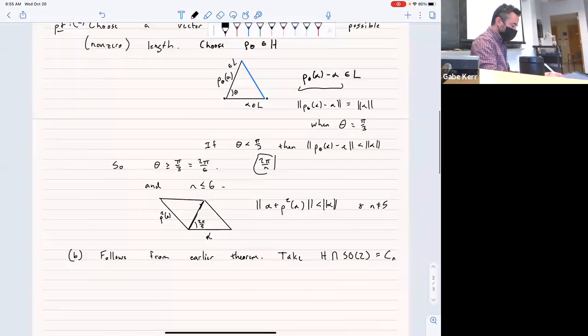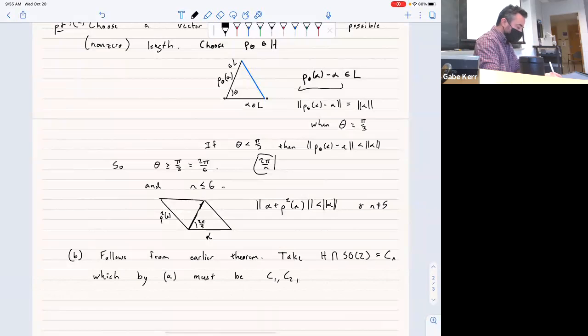And so by A, this must be C1, which is just the identity, C2, C3, and so on. And then either you have a reflection, in which case you get the dihedral group, or you don't. And then you just have this.